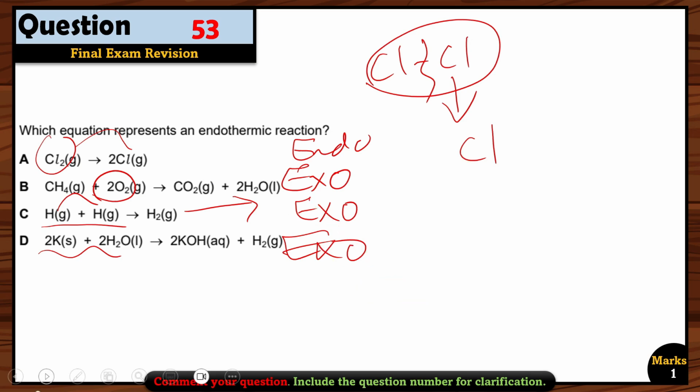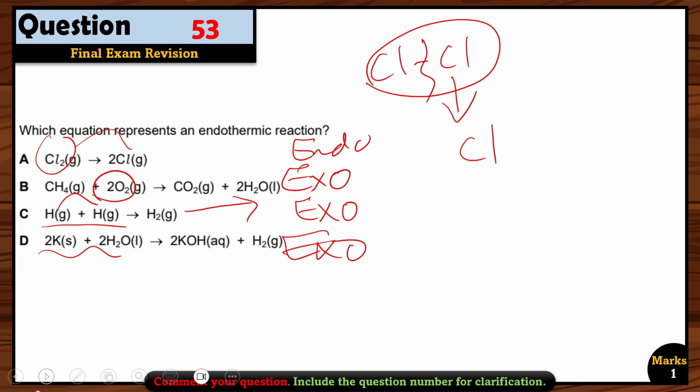So which tricks have I already given you? First, all the oxygen reactions, if you have oxygen molecules, they will be exothermic. All the metal reactions with water are also exothermic reactions, okay? And bond making is also exothermic. And what is endothermic? Bond breaking. Photosynthesis reaction is also endothermic. Cooking process is also an endothermic reaction.